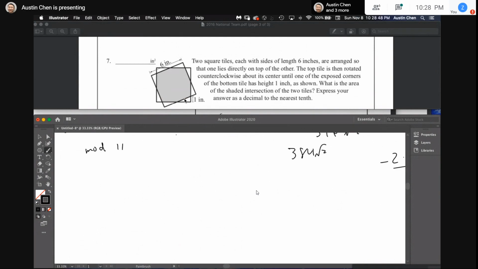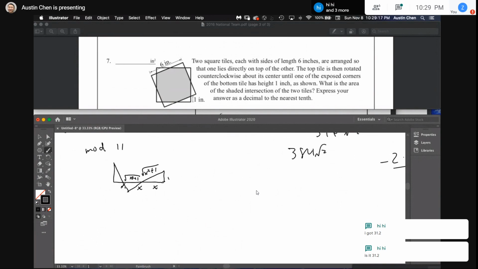We could try labeling this long leg as X and see where we get with that. If I roughly draw this here, then we have 1 inch here, X here. The hypotenuse is always going to be root X squared plus 1, so this is root X squared plus 1 as well. This will be X, this will be 1, this will be 1, and this will be X.